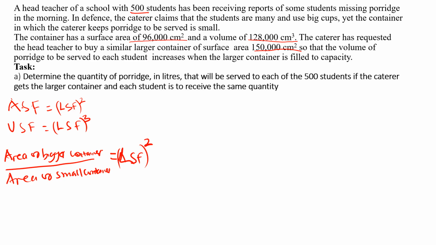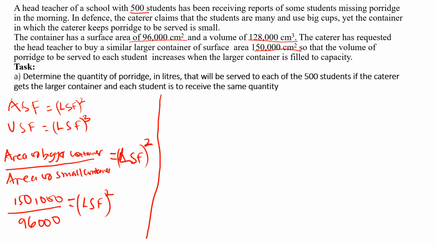But from the scenario, the surface area of a bigger container is 150,000 divided by area of a small container, which is 96,000, is equal to linear scale factor, bracket squared.